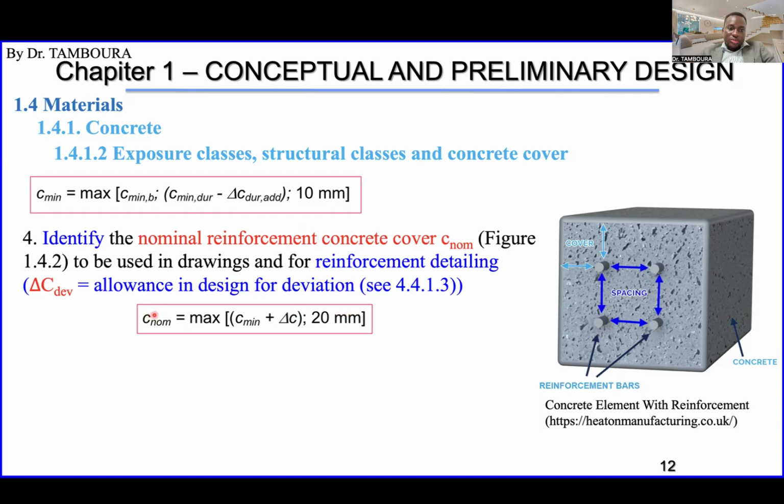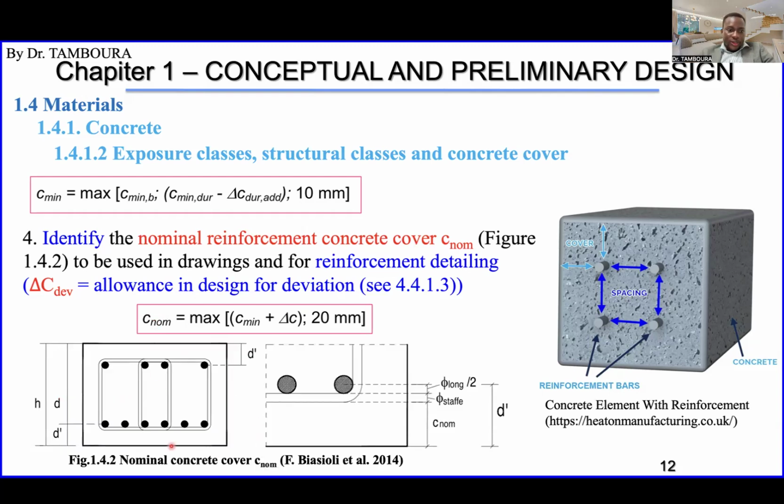It means the C nominal cannot be less than 20. There is no way that this C nominal can be less than 20. But what is C nominal actually? Physically, what is the physical meaning of that? We will explain this from here. Okay? This is the C nominal, from here to here, this surface.